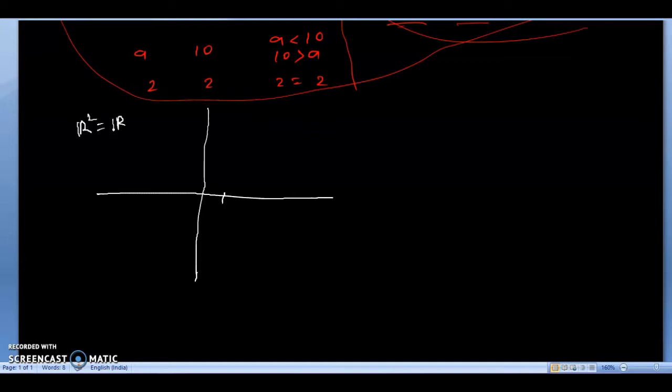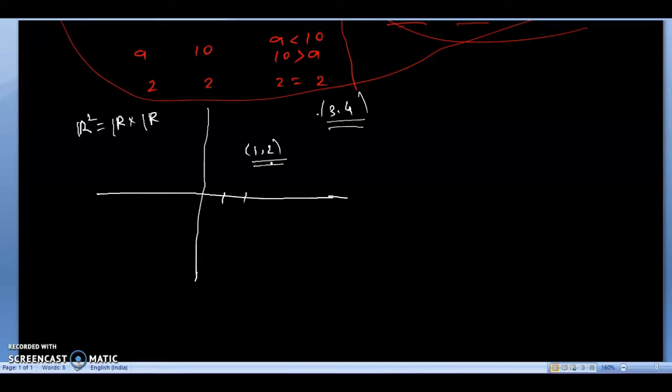R2 means R cross R, and we take points with x coordinate and y coordinate. Suppose there is a point (1, 2) and another point (3, 4). This is a number system, and there are infinitely many points.